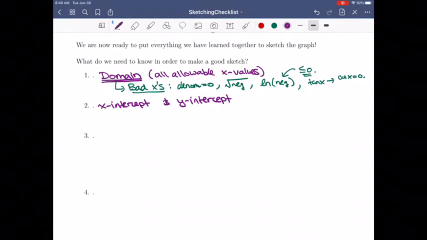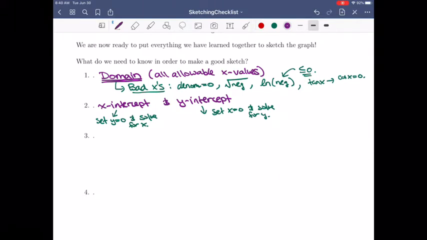So if you want the x-intercept, you set y equals 0 and solve for x. If you want the y-intercept, you set x equals 0 and solve for y. So those are some important points we usually want to include.